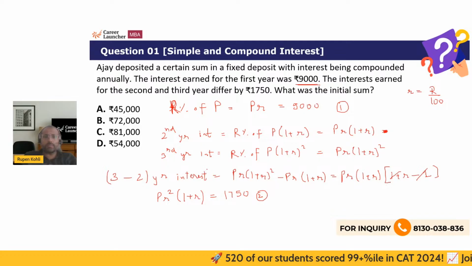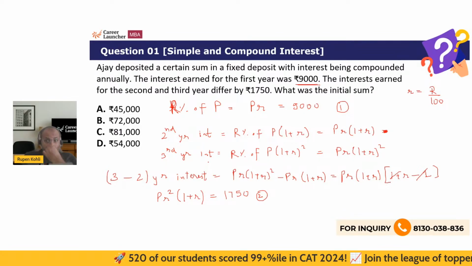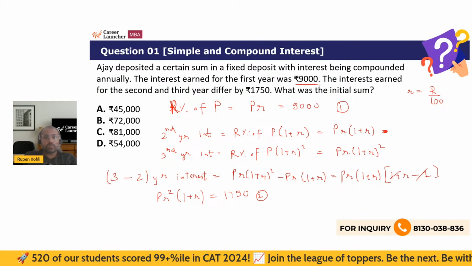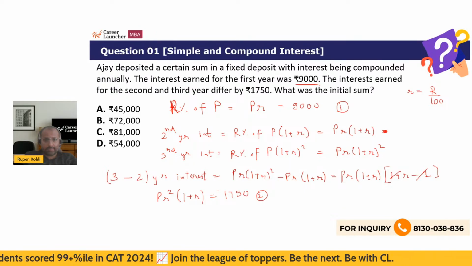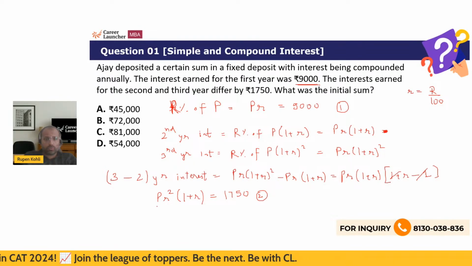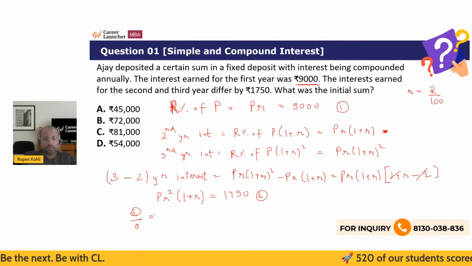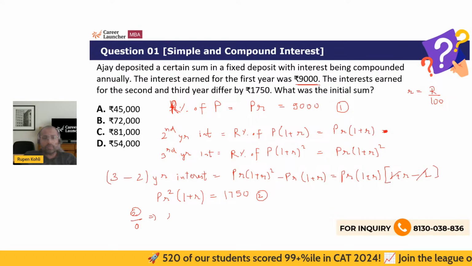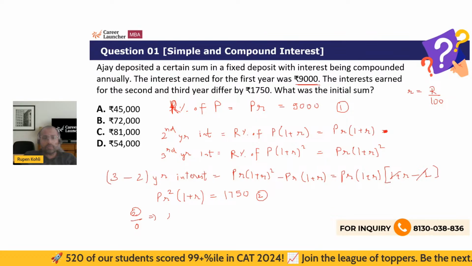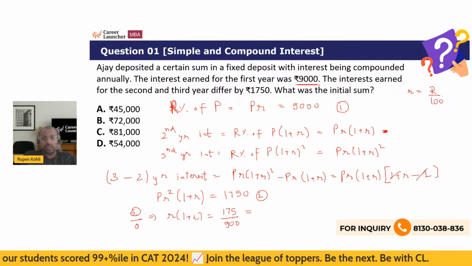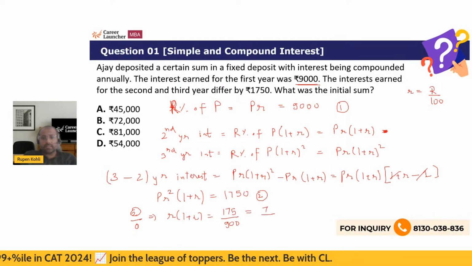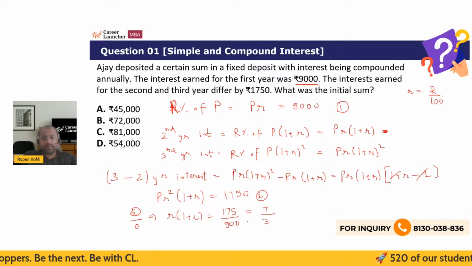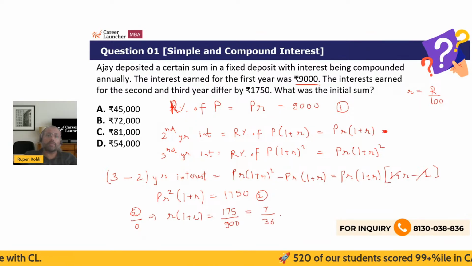Dividing helps because the principal P gets cancelled. Dividing the second by the first, PR goes away and I'm left with R into 1 plus R equal to 1750 by 9,000. 10 cancels, 25 is common, so this is 7 by 36.